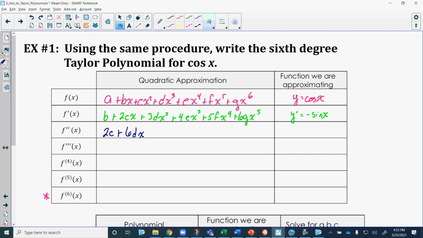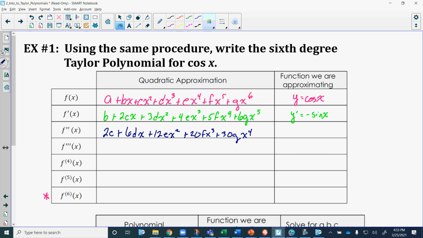But let's keep going. We can say plus 12 ex squared plus 20 fx cubed plus 30 g x to the fourth.